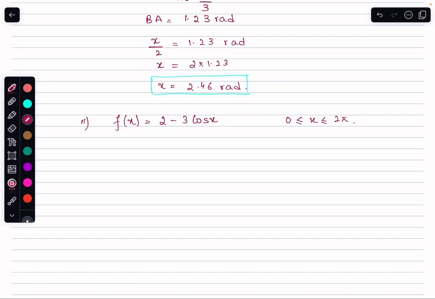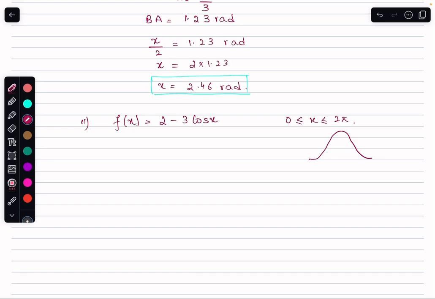Number 2, it's a stretch parallel to the y-axis with the factor 3, and the cosine is negative, meaning there is also a reflection in the x-axis. Here it's very much clear that the cosine curve shall be having a maximum turning point. This is how the curve shall be for this function here.